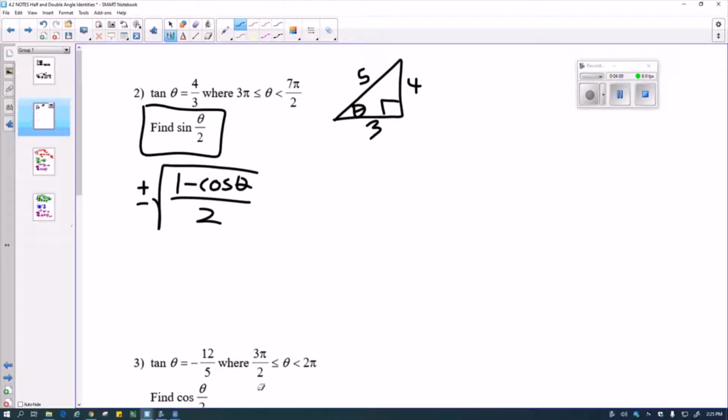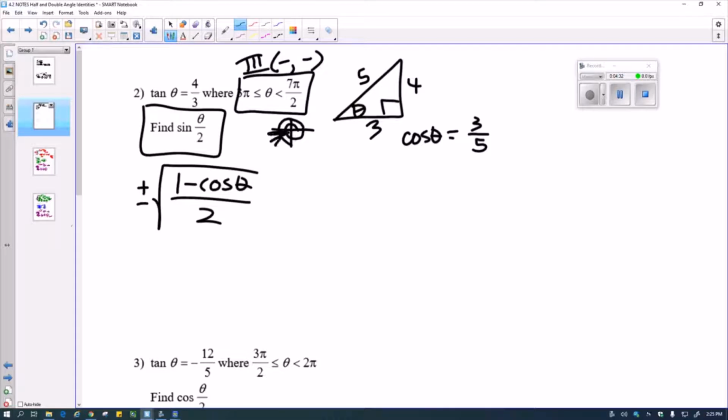Okay, so I need the cosine here to figure out this formula, and so the cosine of theta on this triangle is the adjacent over the hypotenuse. But here, between 3 pi and 7 pi over 2, so 1, 2, 3, and 3.5, that's in the third quadrant.